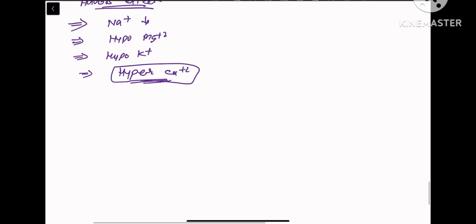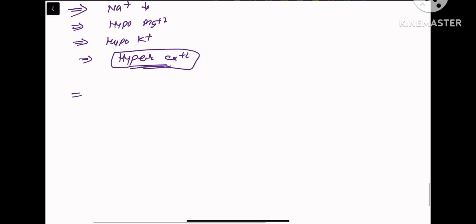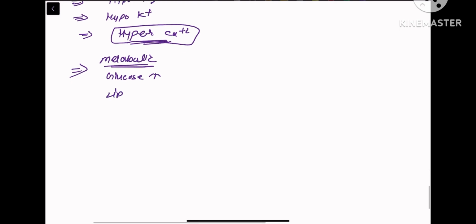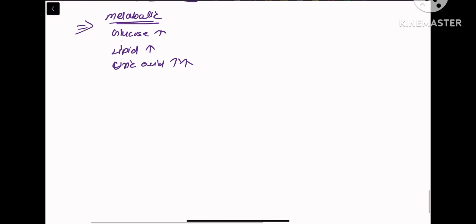Okay, after that, metabolic: glucose will be increased, lipid will be increased, uric acid will be increased.